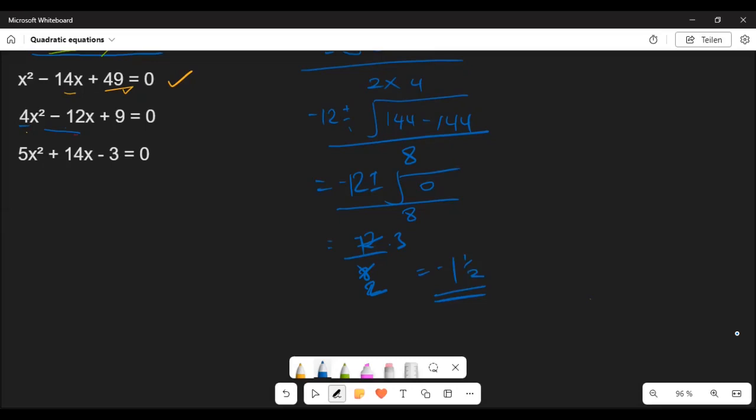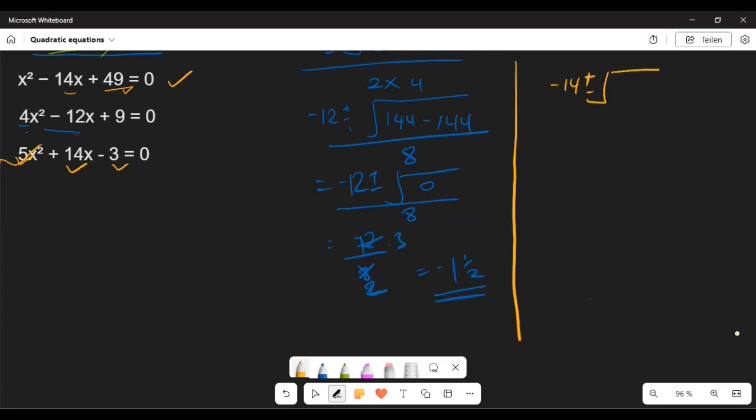That's how you get the value of x. Now, the last one. I will take another pen so that the previous work still remains there. Let's say for this one, we know our B is positive, our C is negative, and we have A here. So we say minus 14 plus or minus the square root of 14 squared, minus 4 times 5 times 3, over 2 times 5.